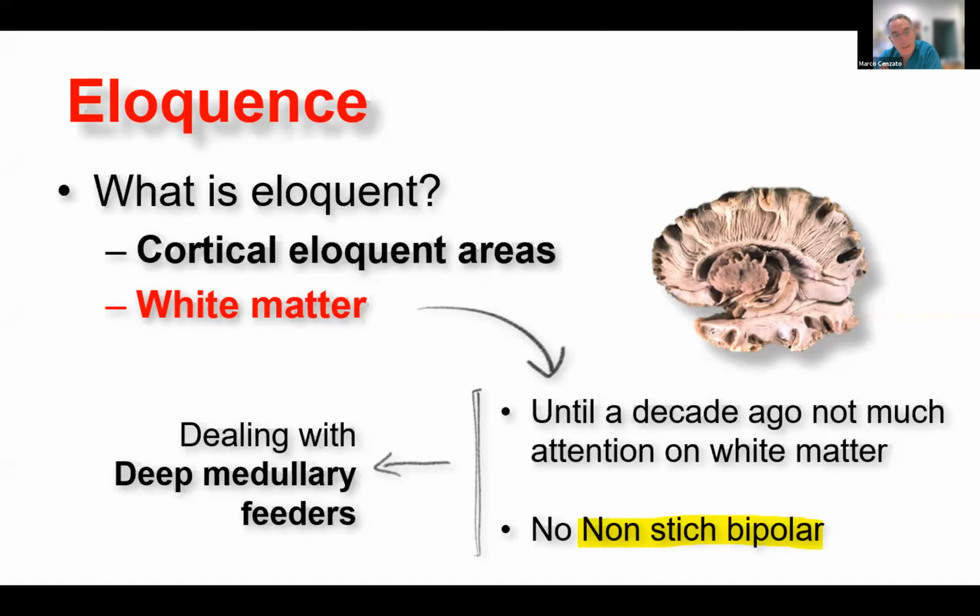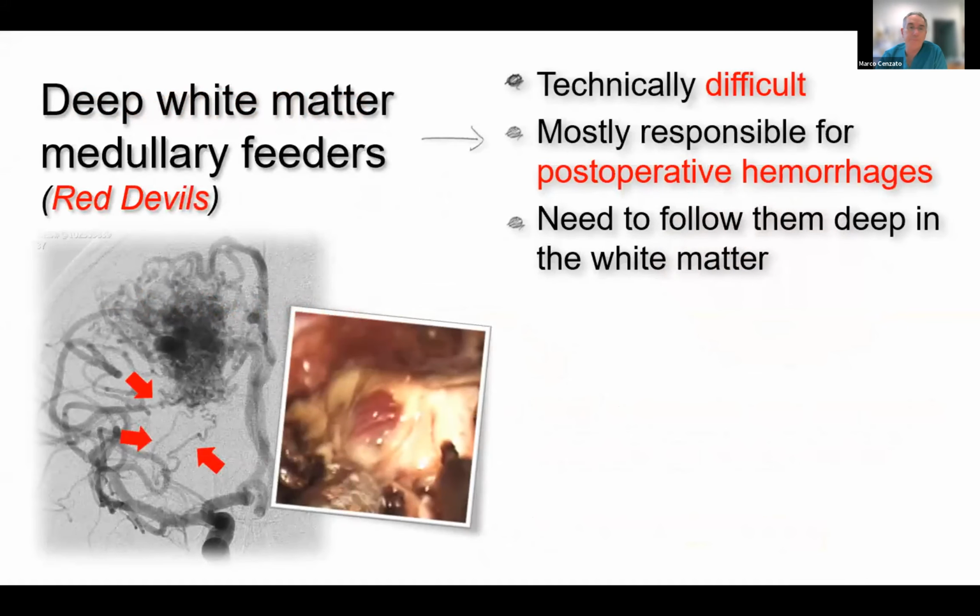And so following these deep medullary feeders, we enter eloquent white matter, and this was the main reason of having a deficit after surgery, because these are technically difficult. They are most responsible for postoperative hemorrhage, and moreover, you need to follow them deep in the white matter, not allowing you to stop where you want to stop.